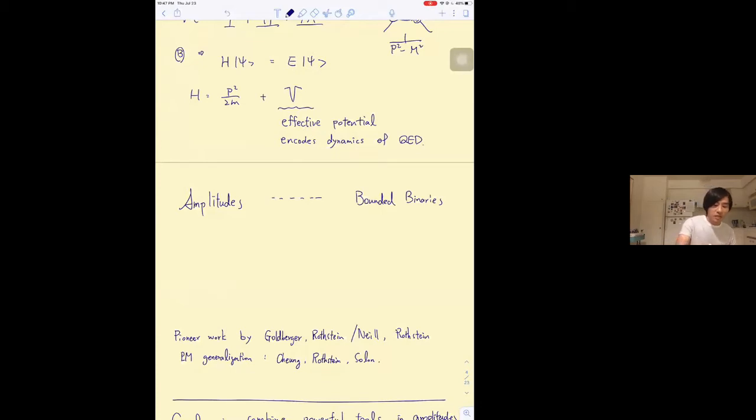However, if we can start from amplitudes and learn what the corresponding effective theory or effective potential is, then we can study the bound state much more easily, because all we need to do is solve either the Schrödinger equation for the case of the hydrogen atom, or in the case of gravitational binaries, we can study the classical equations of motion.